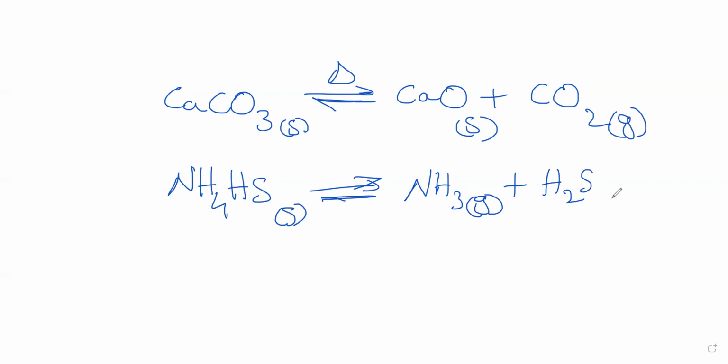Okay, H2S is hydrogen sulfide. So here, this is also an equilibrium. These two gases will combine to form a solid. So it's a very nice example. A solid will disappear and form gas, and these two gases will combine to form a solid there. It's a beautiful, wonderful thing.